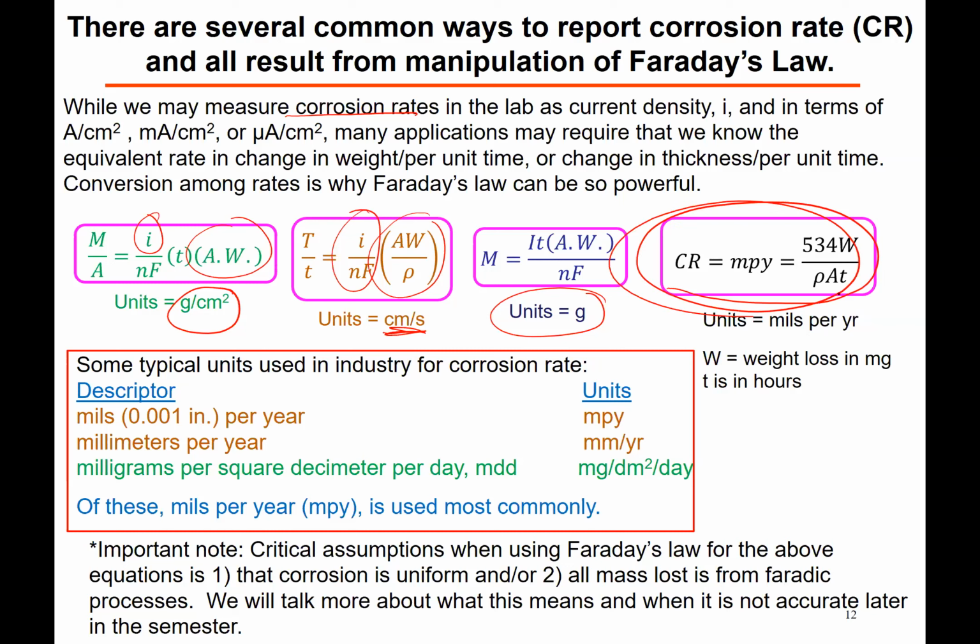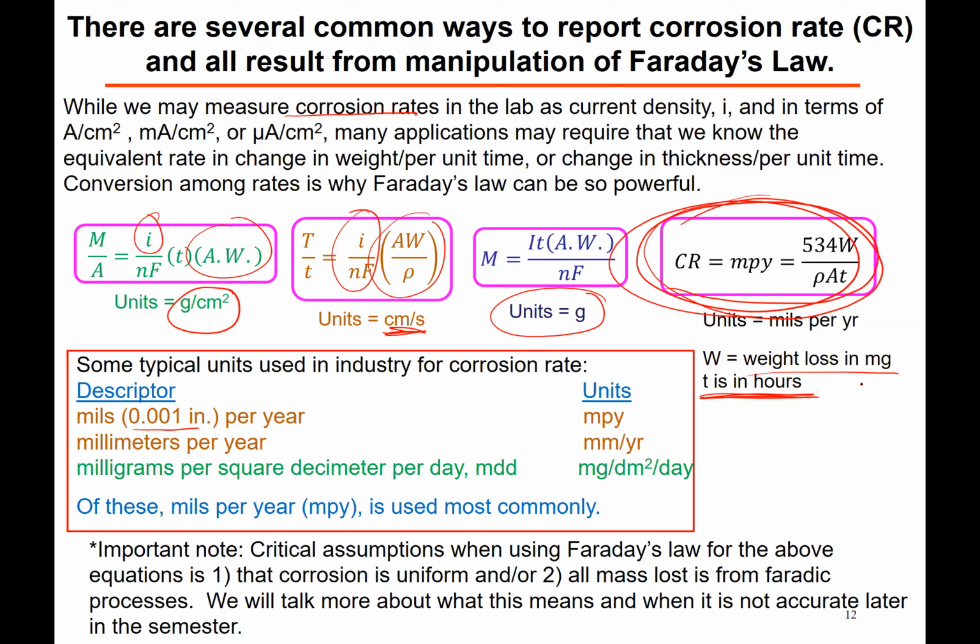And then something that's described in your book is this corrosion rate. And it depends on which units you want to use. So here it's mils per year, right? And a mil is 0.001 inch. And so if you want to talk about corrosion rate in mils per year, then you use 534 times the weight loss in milligrams divided by the density times the area times T in hours.